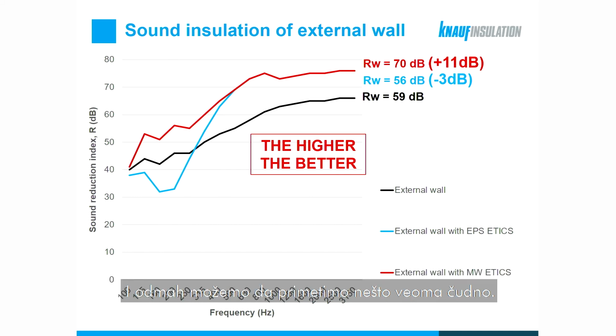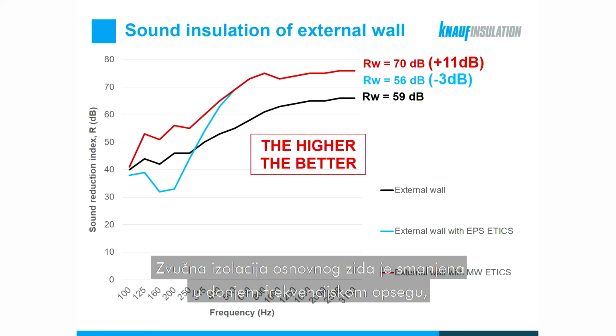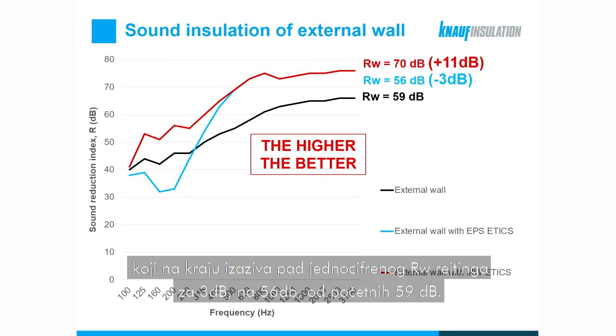So we can immediately notice something very strange. So sound insulation of the basic wall is now reduced in the lower frequency range, and this eventually causes the single number rating, the RW, to fall by 3 dB. So from 59 to 56.